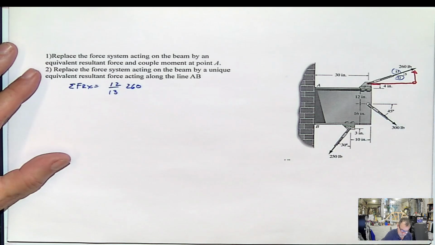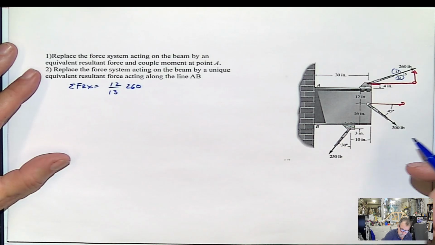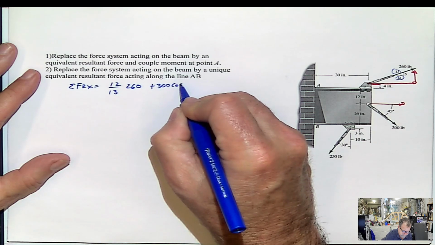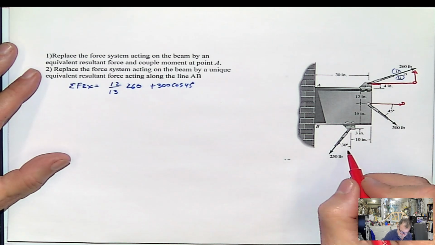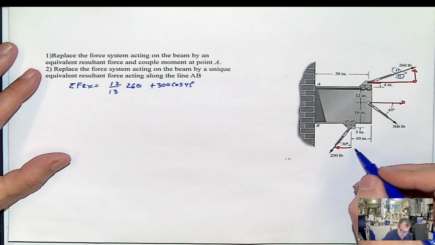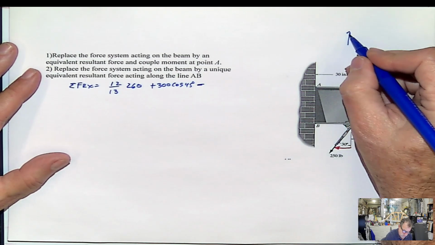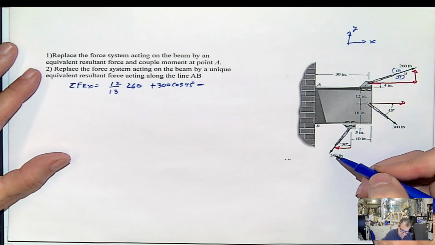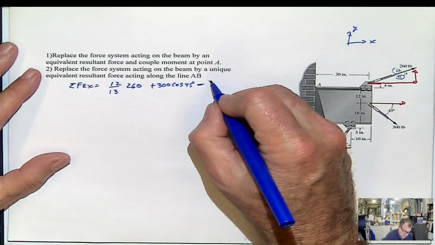This other force has this horizontal component here, and that will be 300 cosine 45. And this other force has this component in X, and that will be 250 sine 30, but now this force goes to the left, so that will be negative 250 sine 30.